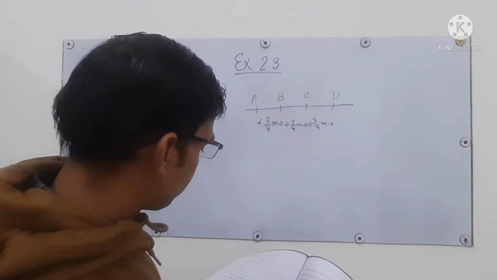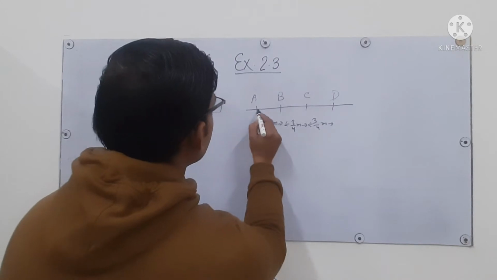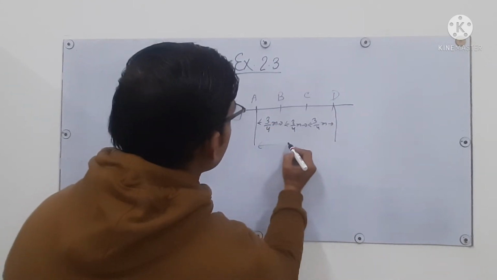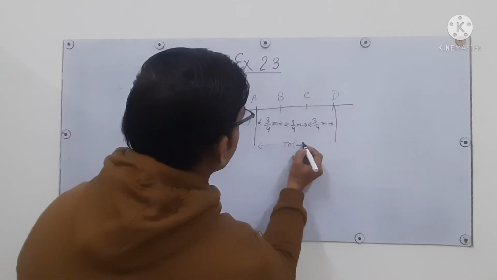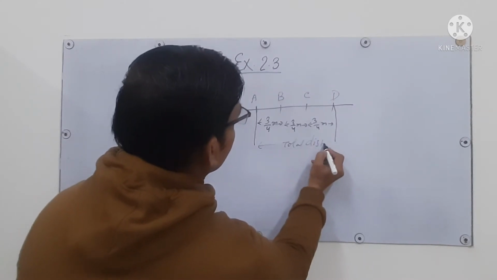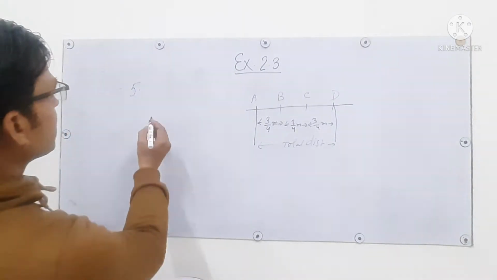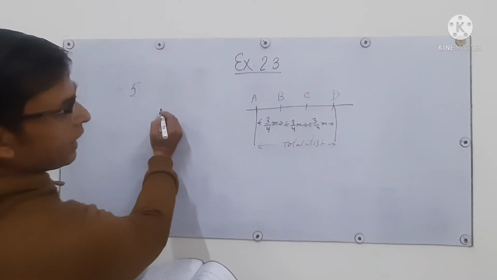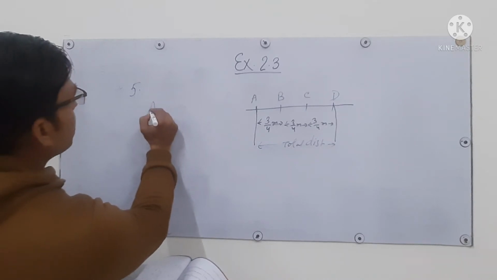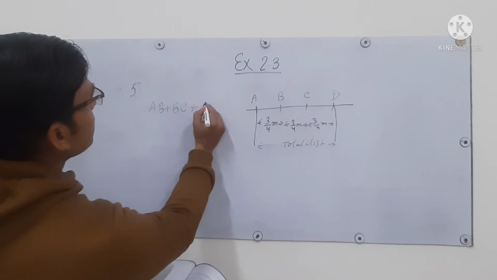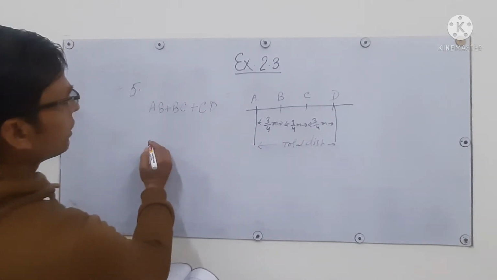And now we have to find distance between first, that is this, and last, that is this. So what will be the total distance? So you can easily solve it. How? We will just solve it by adding these, that is AB plus BC plus CD, correct?